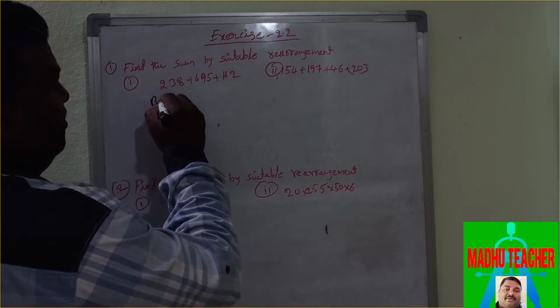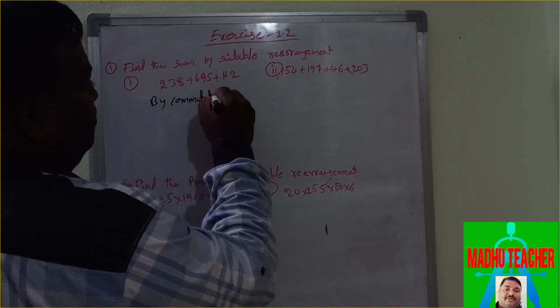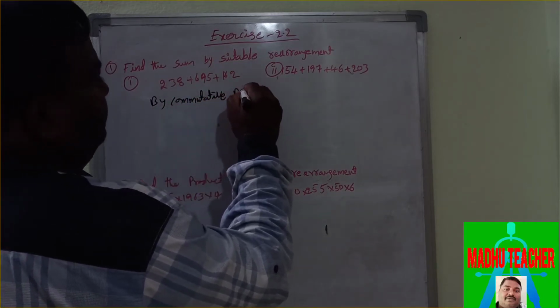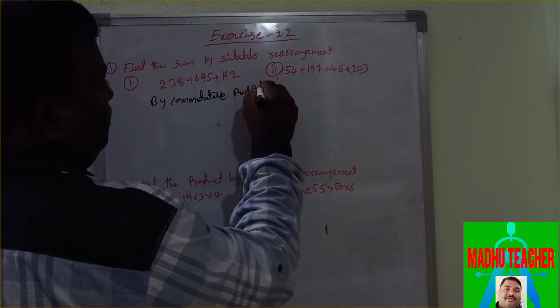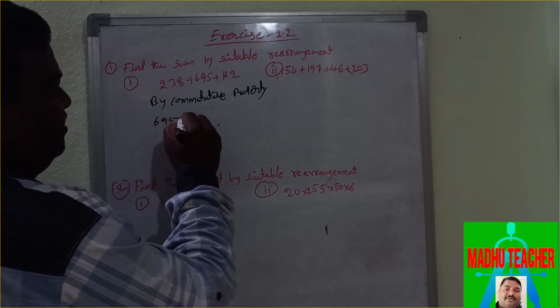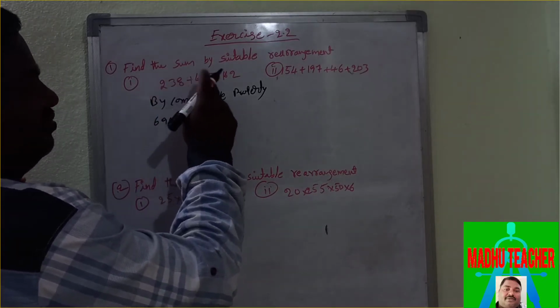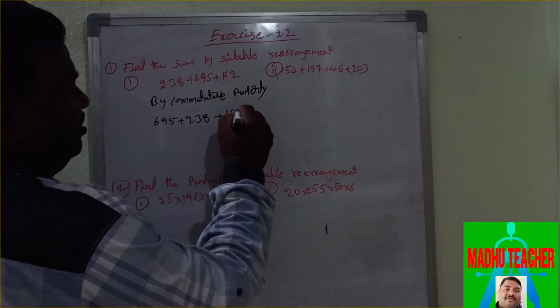By commutative property, we are rearranging: 695 plus 238, we interchange these two, plus 162.